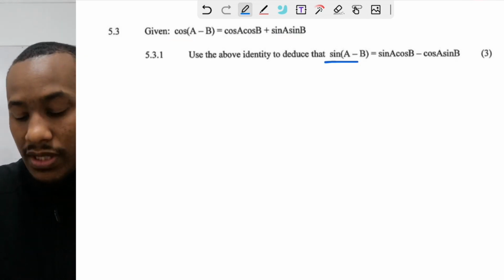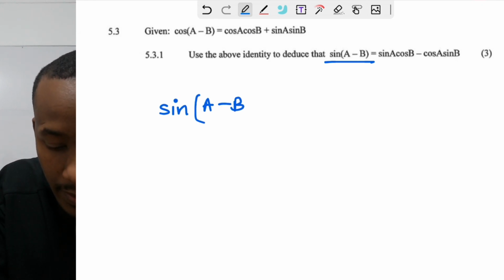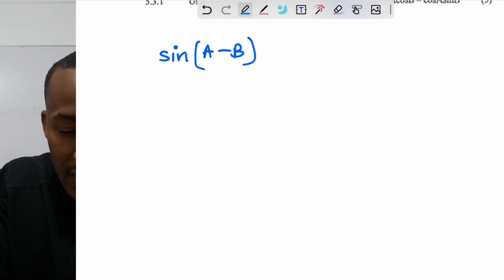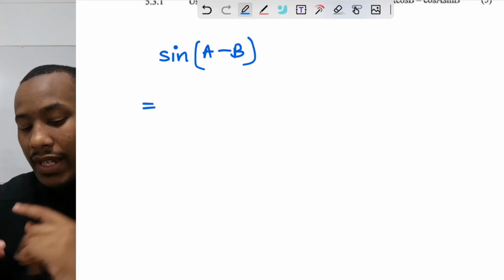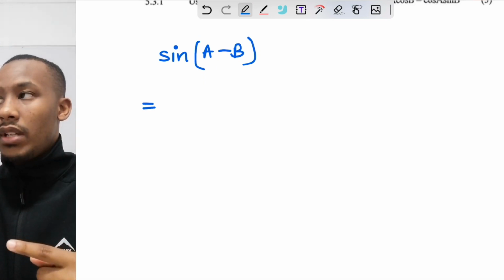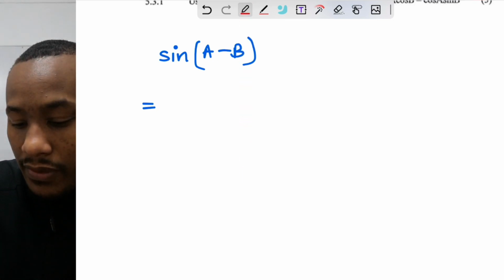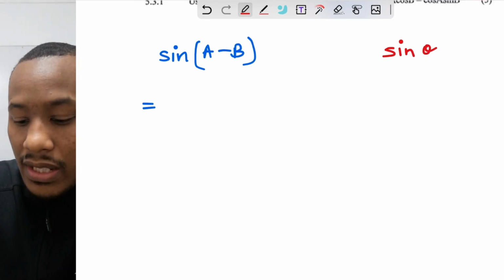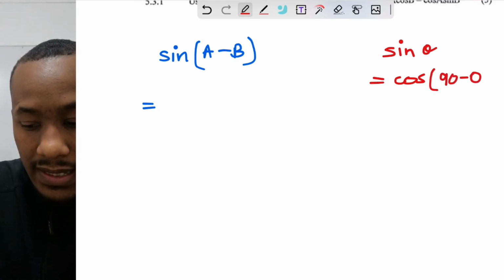Let me first just start with this. Sine A minus B. This can be equal to, and I want to make use of a co-function. You remember with co-functions, if you have sine of some angle, let's call it theta, then the co-function for that would be cos of 90 minus that angle.